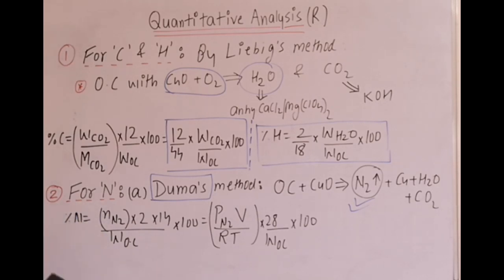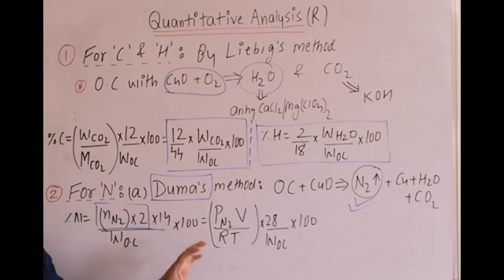If we have the number of moles of nitrogen multiplied by its atomic mass, then this part becomes what? Weight of nitrogen divided by weight of the organic compound into 100.